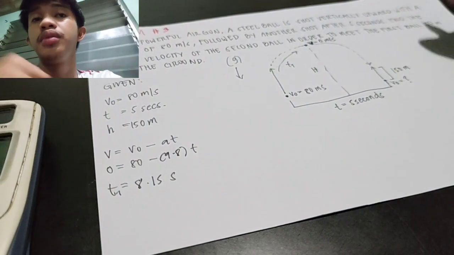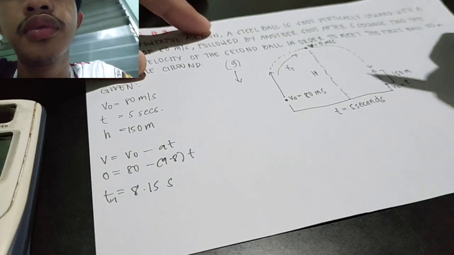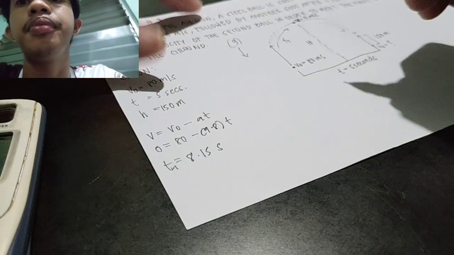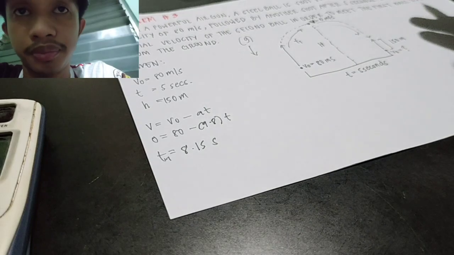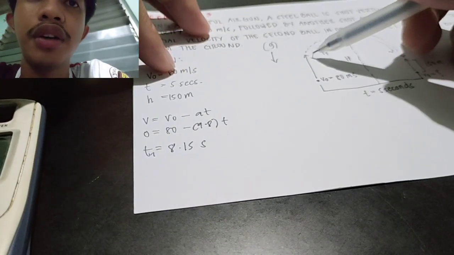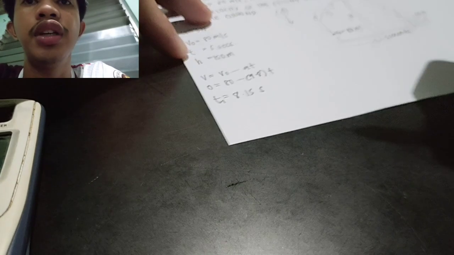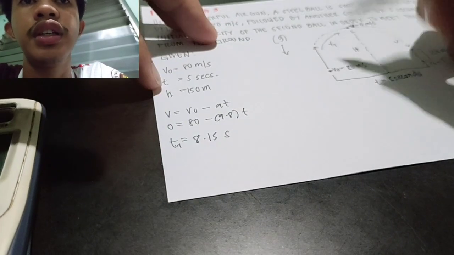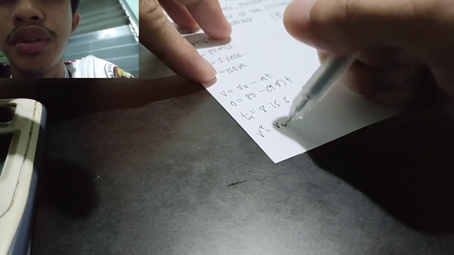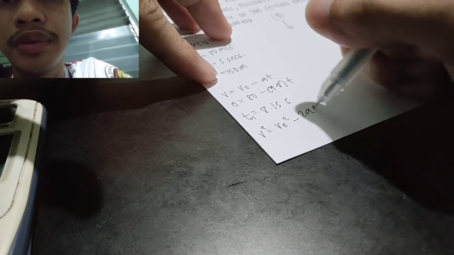Next, we need to find this height for us to solve for the next portion and get the time. We now have the initial velocity, the final velocity, and the acceleration, so we can solve for the height. V squared is equal to VO squared minus 2aS.